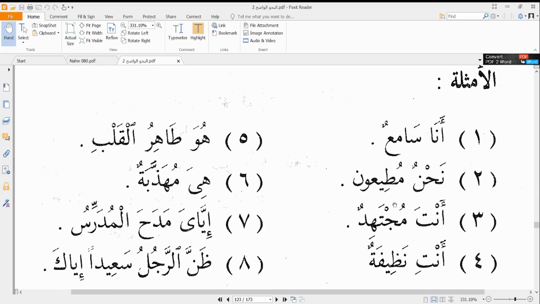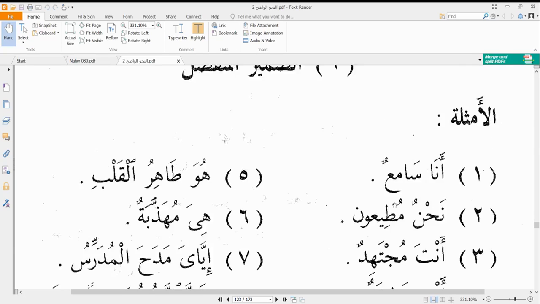And so, if we are doing the i'rab of ana, we would say it is a damir al-munfasil mabniyun ala sukun fi mahalli raf'in mubtada. That is a damir working in the place of the rafa' of a mubtada. So that is basically the explanation of ad-damir al-munfasil.